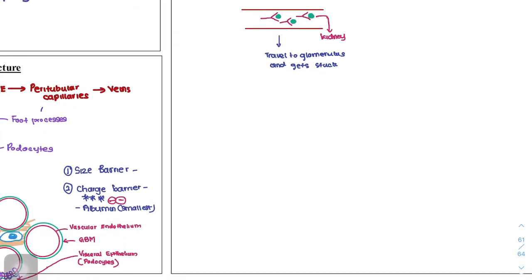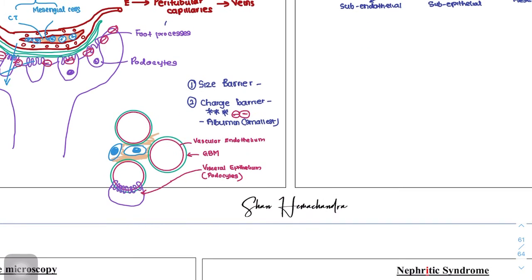So this could be in three locations. It could be subendothelial, subepithelial, or it could be in the mesangium.